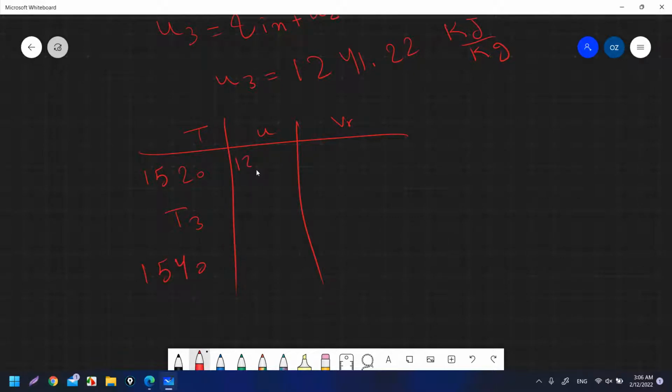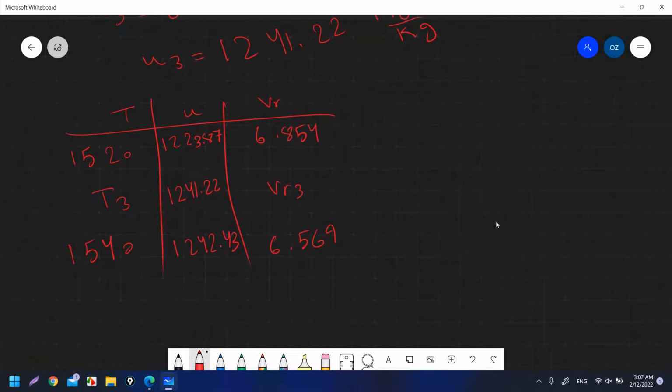U is 1223.87, and my U3 is 1241.22, and the upper value is 1242.43. For VR, 6.854, and my VR, the one that I want to calculate, VR3, and the other value 6.569. So let's do the interpolation.